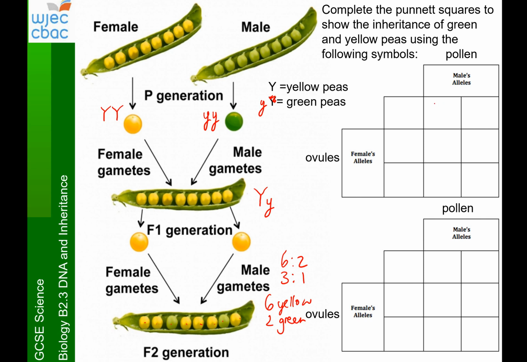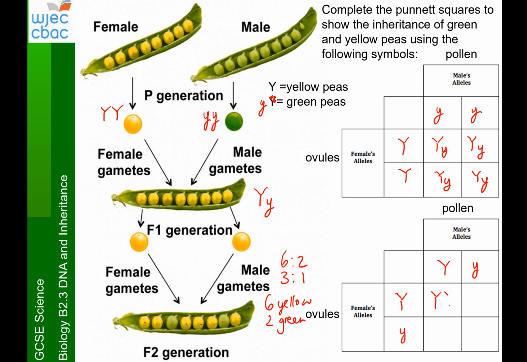So our male alleles are going to be 2 little y's, our female alleles 2 capitals. When we fill it in, each of the offspring will have 1 of each, so we describe these offspring as being heterozygous. And then when we do the back cross, each of the parents this time are heterozygous.